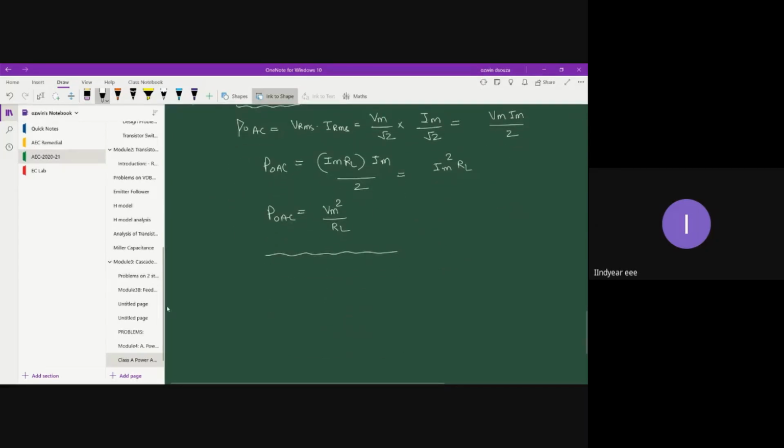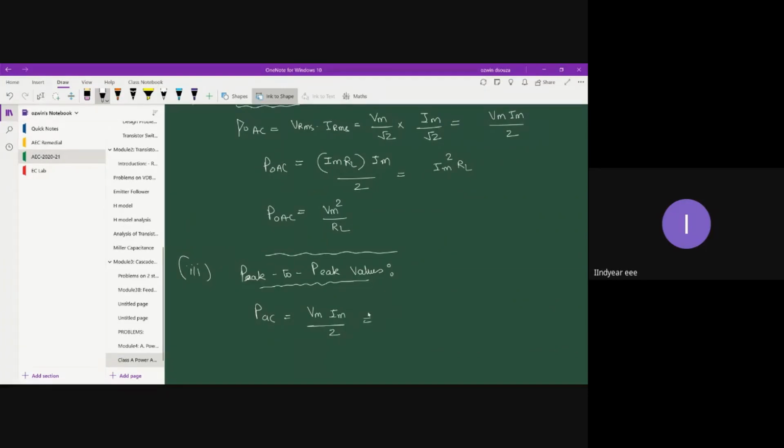The third one, pretty interesting one, is in terms of peak-to-peak values. Now, to write an expression for AC power in terms of peak-to-peak values, you can exploit the previous relation, that is, we have seen in terms of maximum values, power can be written as Vm Im divided by 2.